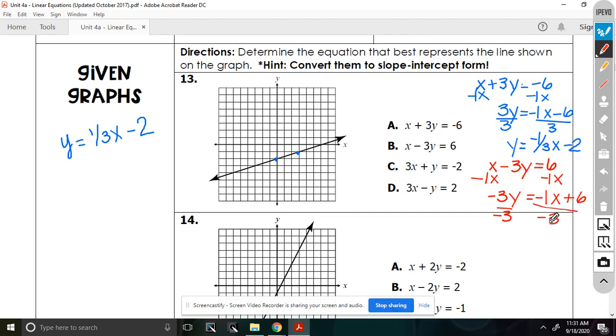So I get y equals, and I know negative divided by a negative is a positive, and then now I have 1 over 3x, and then 6 divided by negative 3 is negative 2. Now comparing those, they look exactly the same, so I know that B is my correct answer.